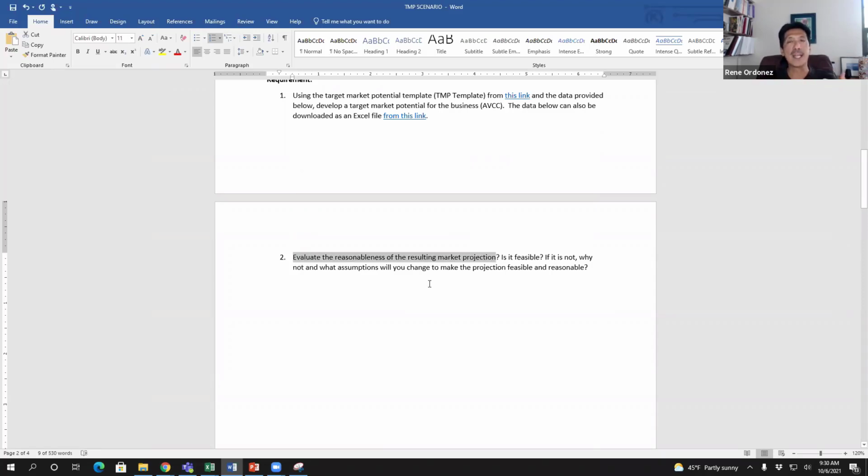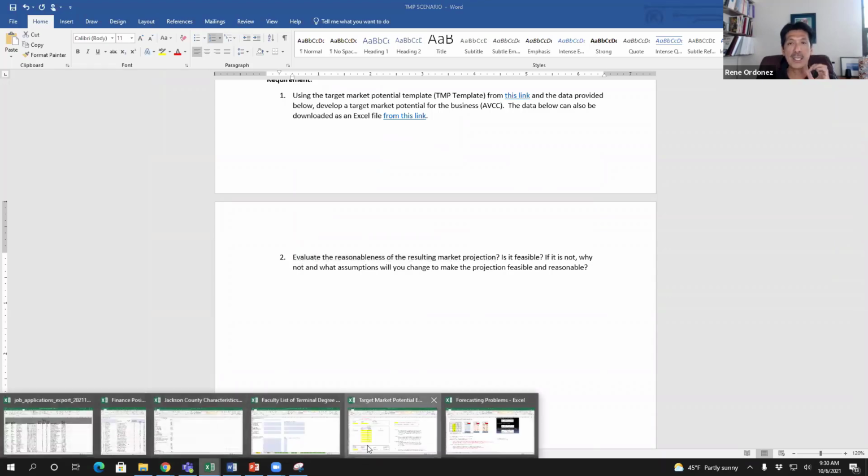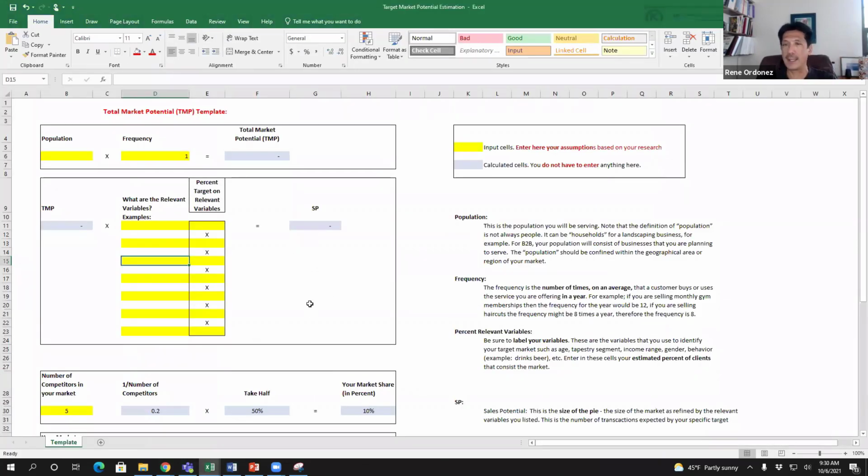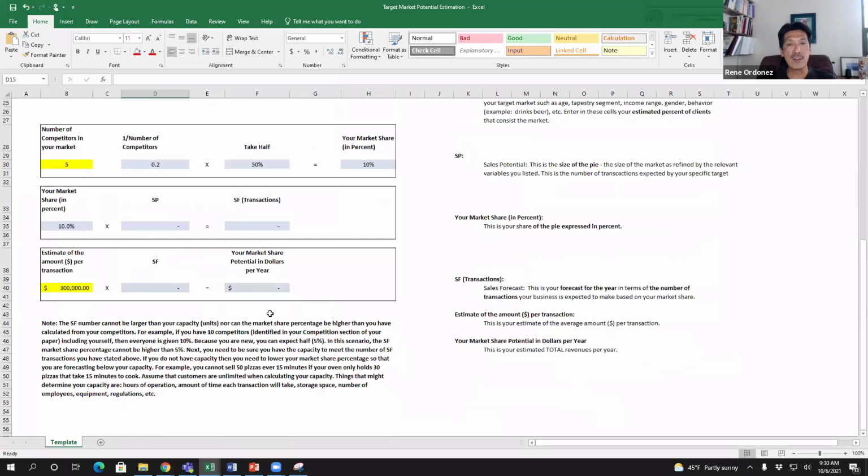What I'm saying here is that once you have inputted all the information or the assumptions in this template, you still have to evaluate whether the final number that you are seeing here is feasible. Feasibility could include financial feasibility, and feasibility in terms of whether you have the capacity to do all that's projected.